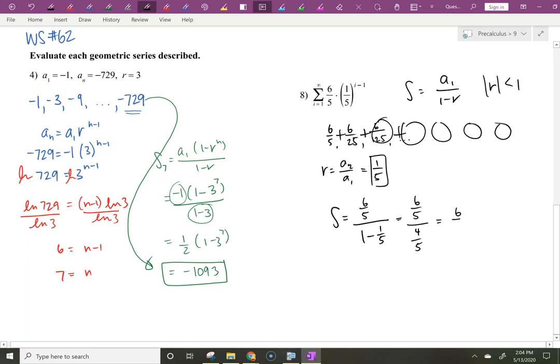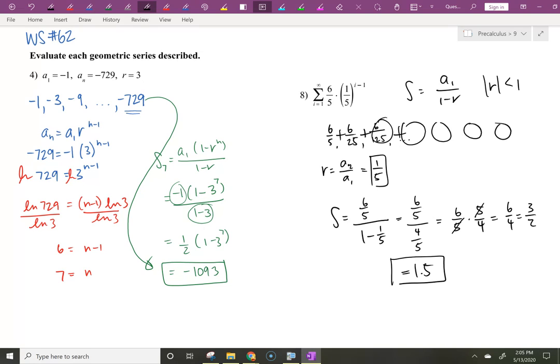Copy, change it to multiplication, and flip the denominator. And you see you get 6/4, or 3/2, or if you want 1.5, and that is your sum of an infinite number of terms for that formula. It's going to add up to 1.5.